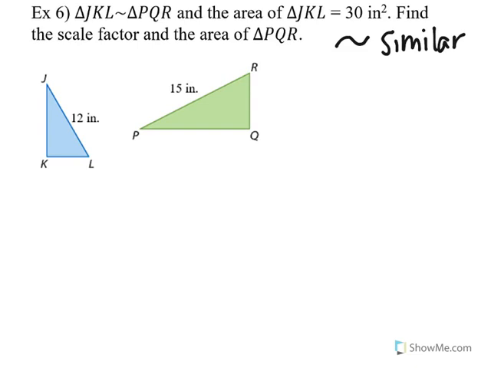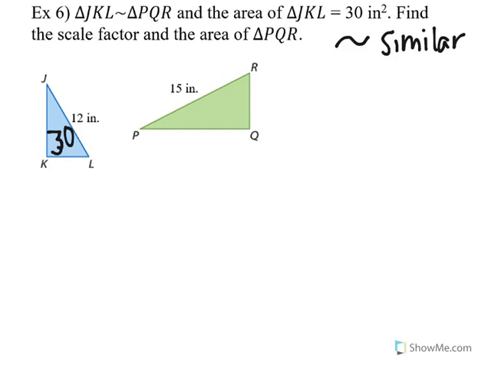That's what similar means. So these two triangles are similar, meaning they have a scale factor, and the area of one triangle is 30 inches squared. So the area of triangle JKL is 30. It then says find the scale factor and the area of triangle PQR.